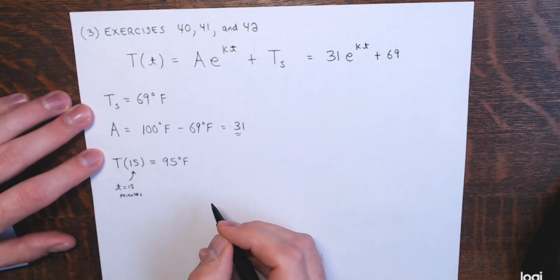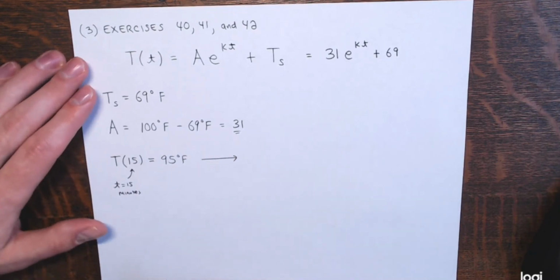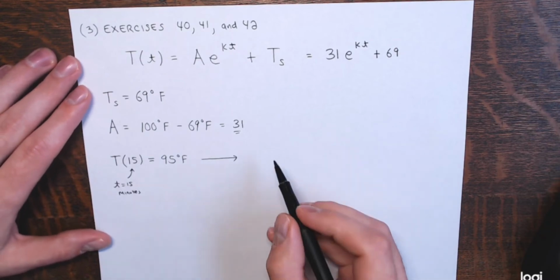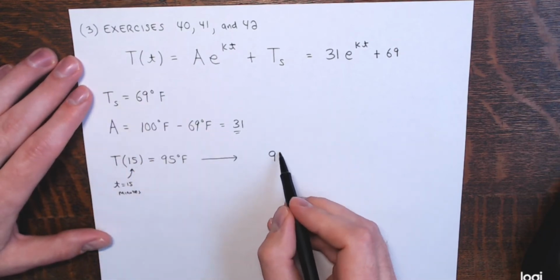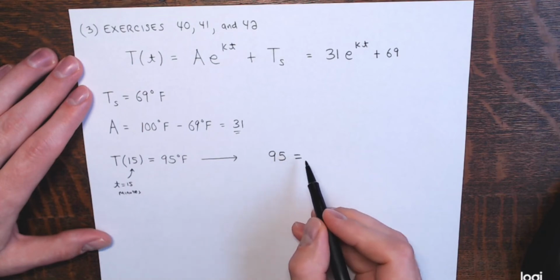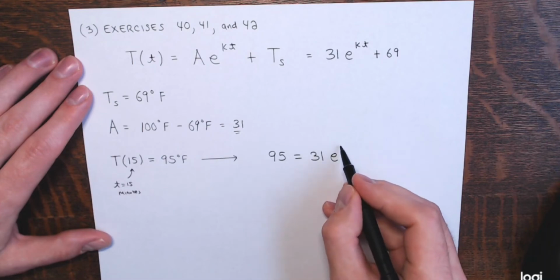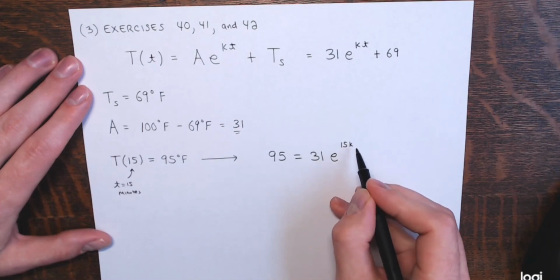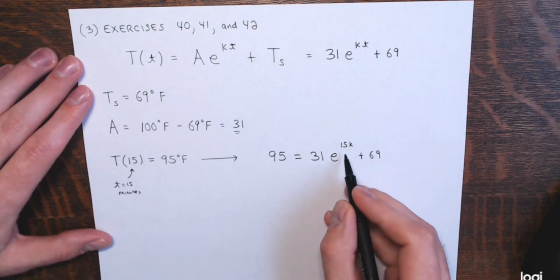So I'm going to use that to solve for k, and then we'll have a complete model. So on the left side, I'm putting 95, the temperature of the soup, equals 31 times e to the kt, t is 15, so 15k, plus 69, and then we solve for k.